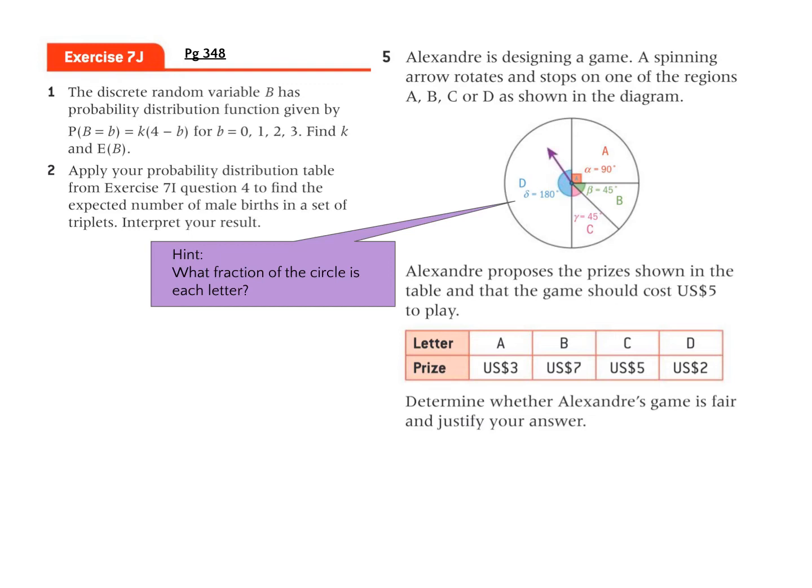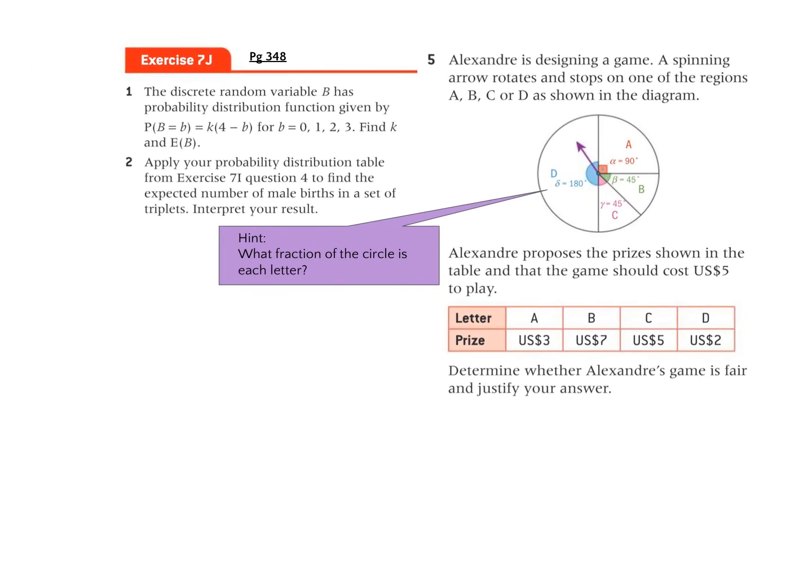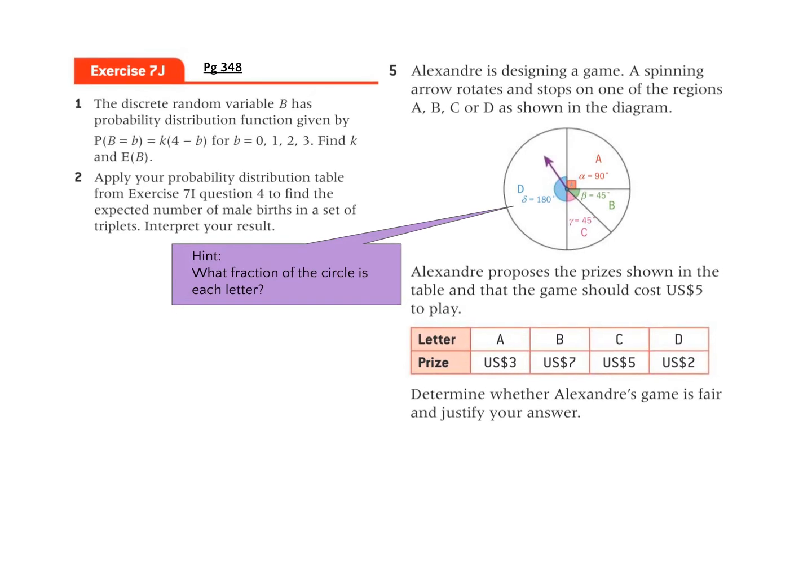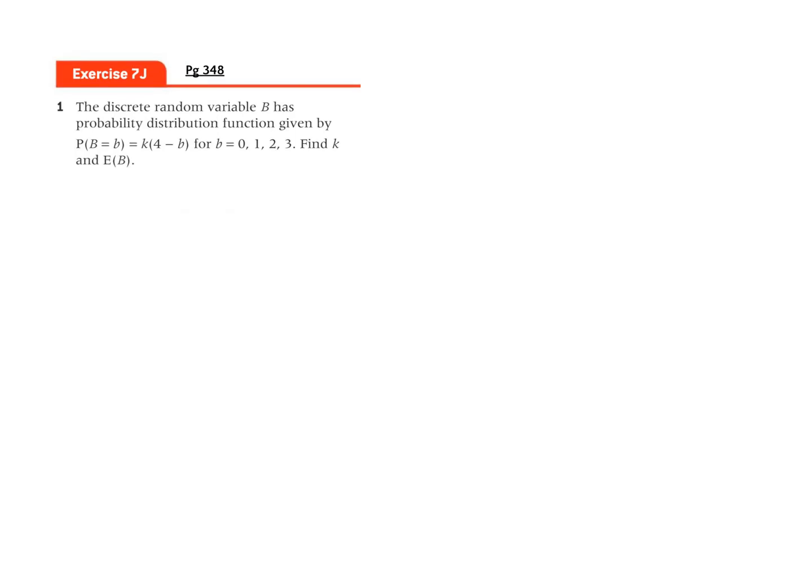Okay, do I have space for this? I don't have space for this. Hold on. Okay, I'm just going to do number 1. Wait, no, I'm not. Okay, I fixed it. Well, we'll see about that.